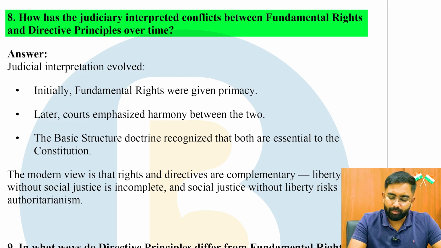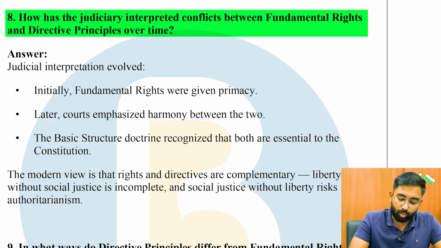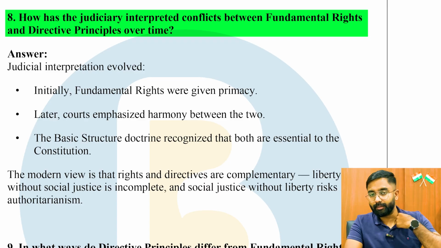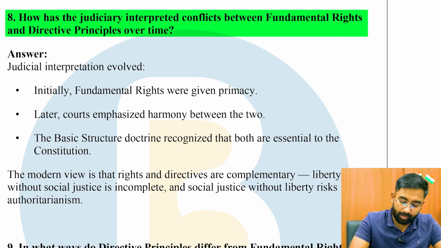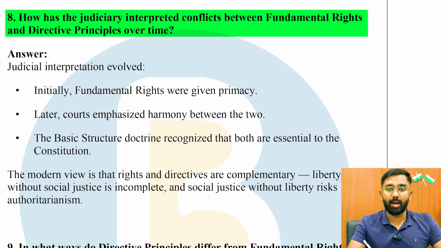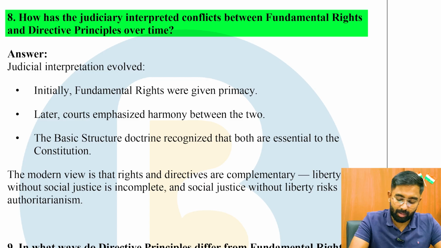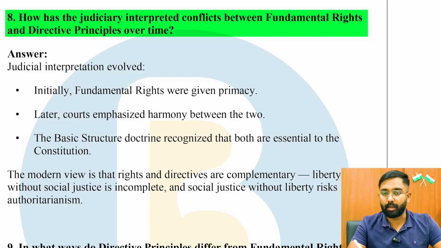It added Article 31C, which gave two important provisions. One, it said no law which is trying to implement Article 39(b) and (c) of the Directive Principles of State Policy shall be called void on the ground that it abrogates fundamental rights, especially Article 14 and Article 19.